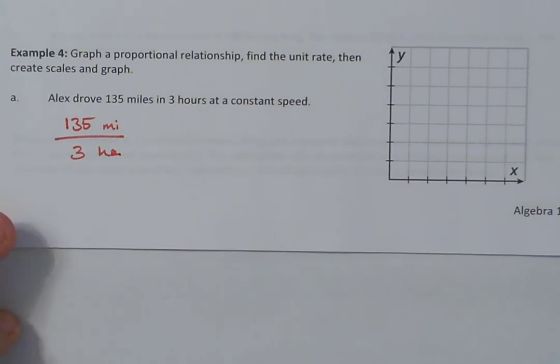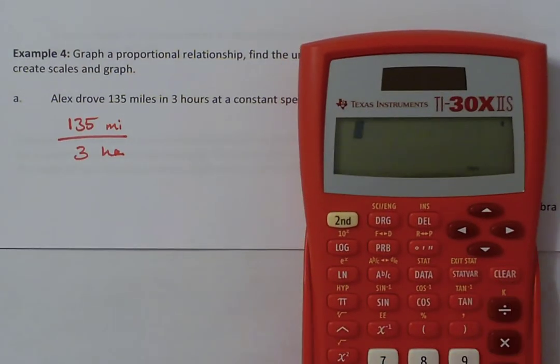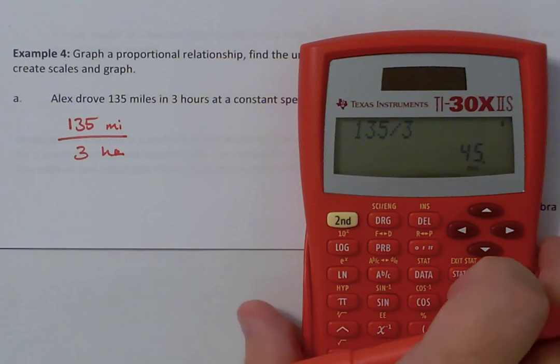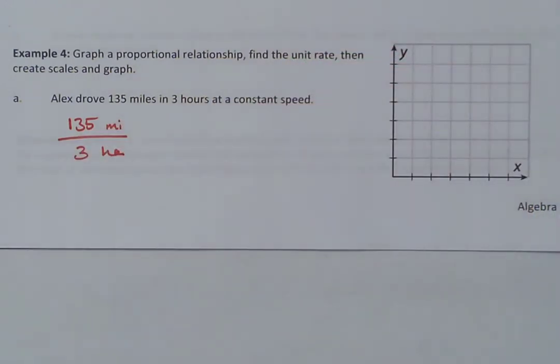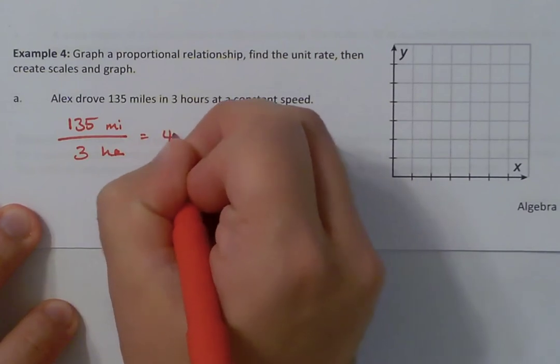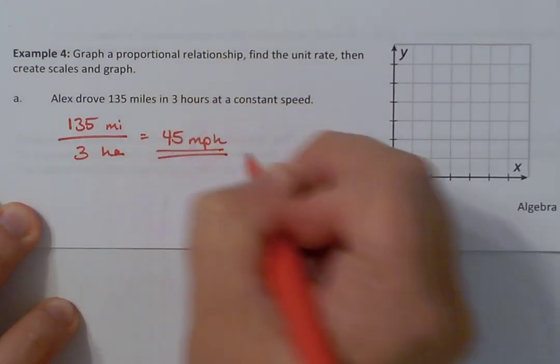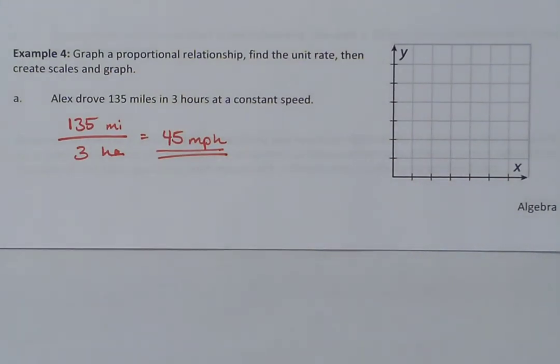Now, to figure out our unit rate, instead of just leaving it like that, we are going to divide. So we do 135 divided by 3, and we end up with 45, meaning he drove 45 miles per hour. So 45 miles per hour is our unit rate.